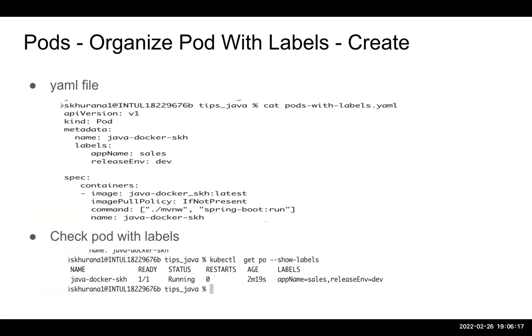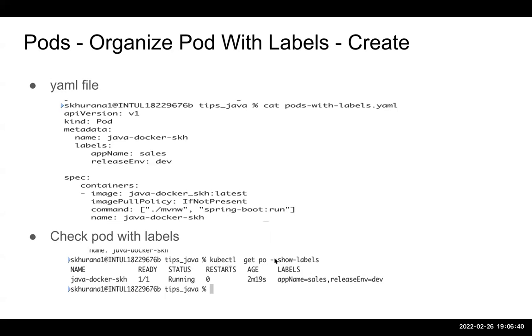I'll go through these slides, then I will run the example also. So I have a YAML file. This YAML file creates a pod with this image, and it assigns some labels: app name and release environment, and everything else we have discussed. Once I create this pod, I can see the labels.